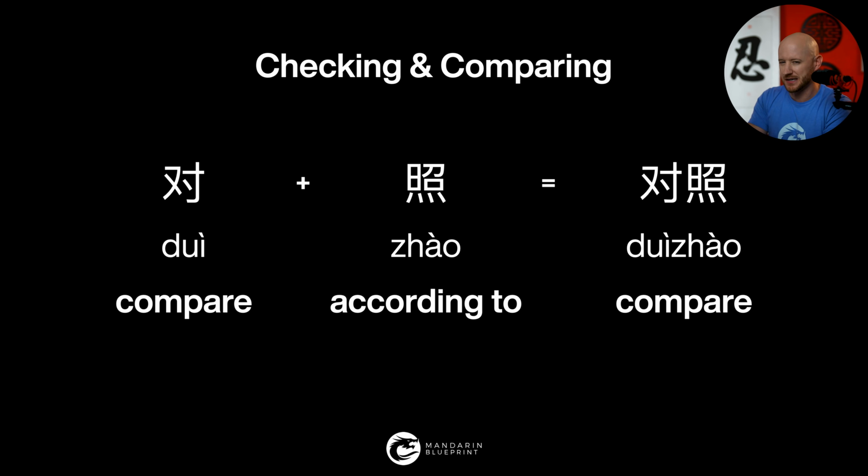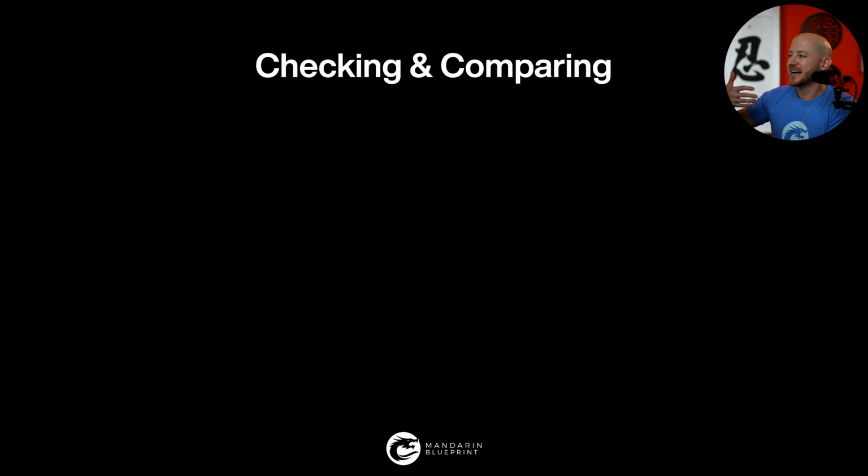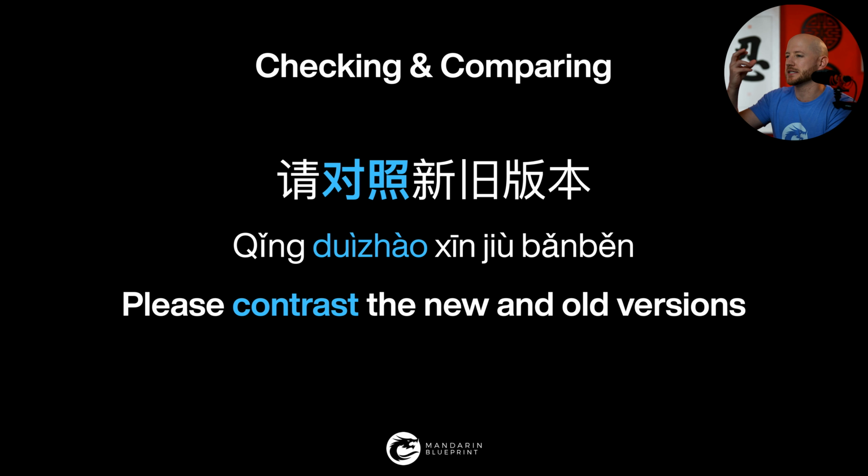So there's a feeling here that you're not just comparing for no reason, you're comparing because you want to get to the bottom of something. 请对照新旧版本. Please contrast the new and old versions. And again, I just have this feeling when I see 对照 that what we're getting across is compare these old and new versions, because that will be enlightening in some way, right?